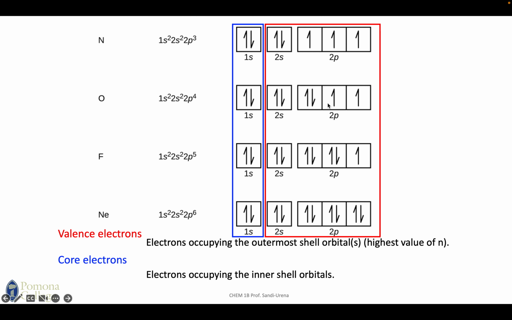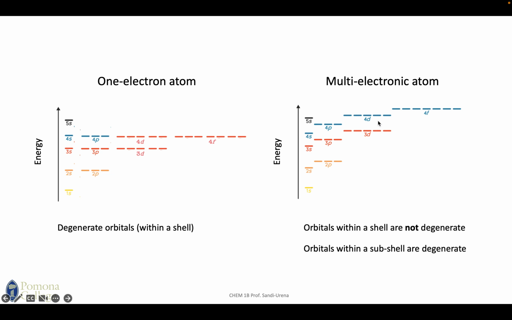Okay, so we've defined valence electrons and core electrons. Again, that picture shows us the difference between the one-electron atom and the multi-electron atom, and how the sequence of the orbitals changes. There's a rearrangement of the orbitals. And once again, remember that this rearrangement is caused by repulsions amongst the electrons.